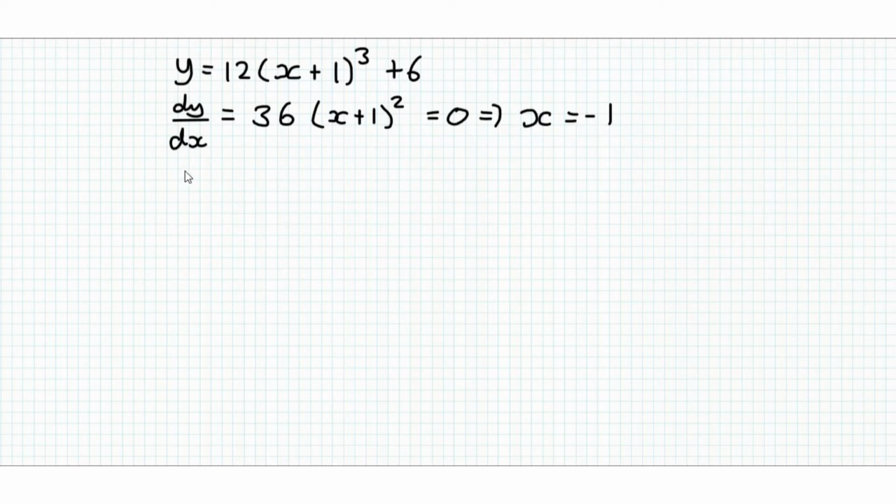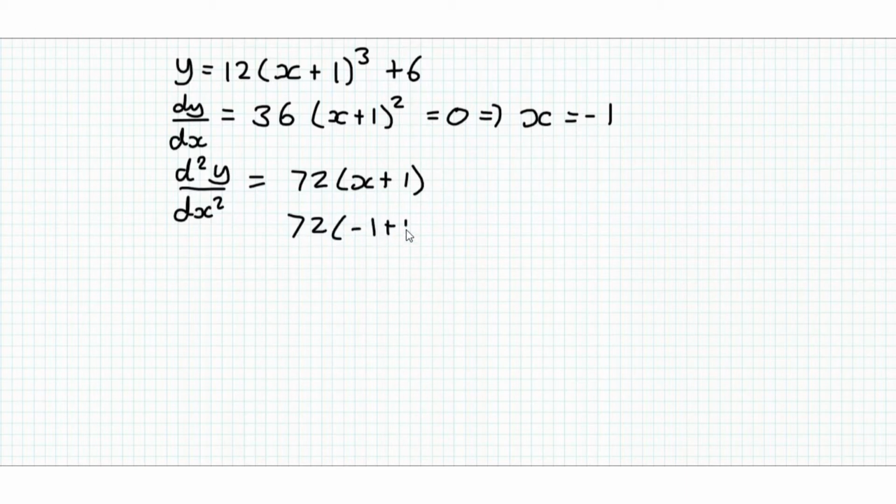So we want to try to classify the stationary point, so we go to our number 1 technique, which is to find the second derivative, and this is equal to 72(x plus 1). Now we substitute minus 1 in, so 72 times (minus 1 plus 1), well, that's equal to 0.